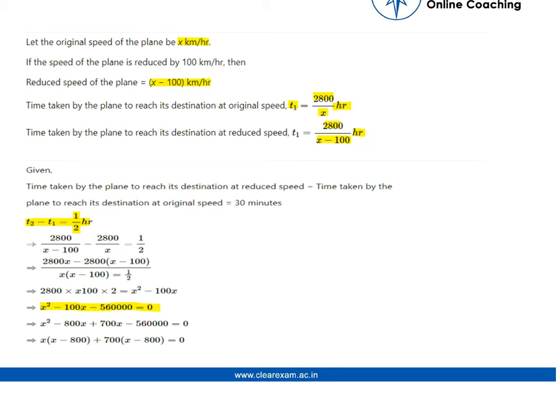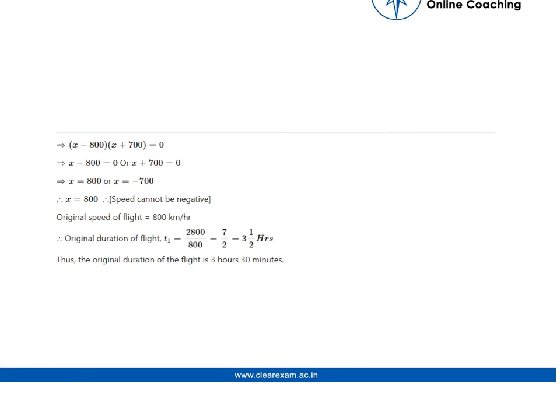Solving this, we will get a quadratic equation x square minus 100x minus 560,000 equals 0.